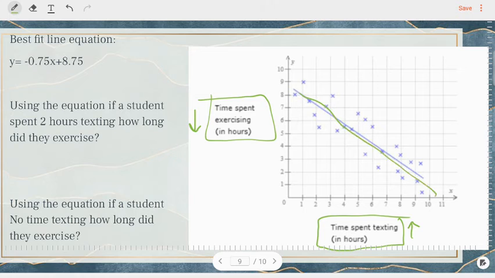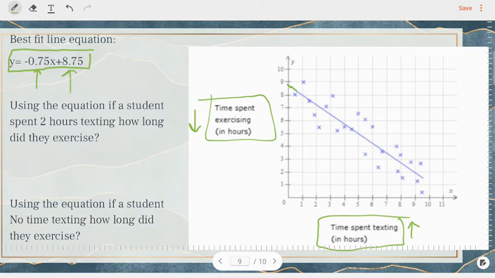This negative trend line has the equation y equals negative 0.75x plus 8.75. Remember, all the way back to our equations unit, 8.75 stood for our y-intercept. If I extended my line just a little bit further, I'd see that it crosses at 8.75.